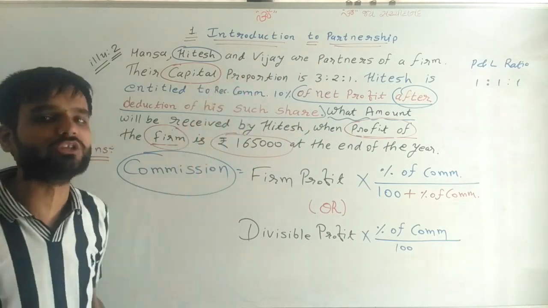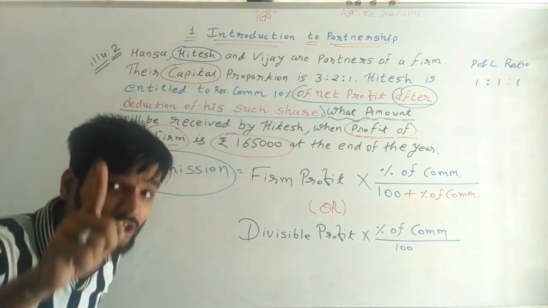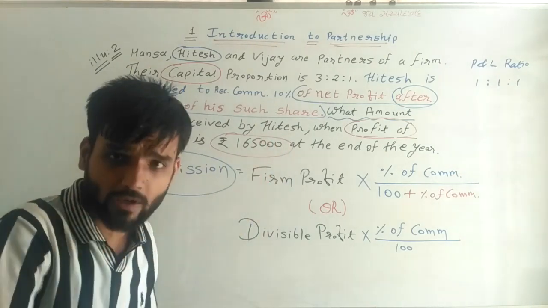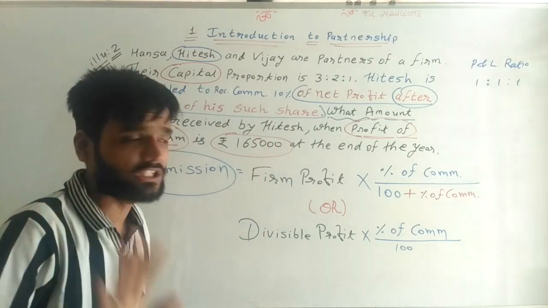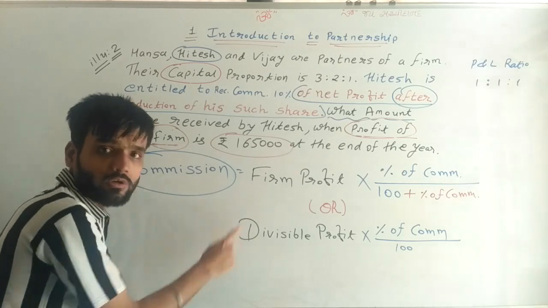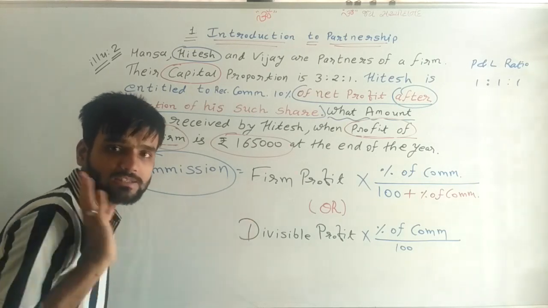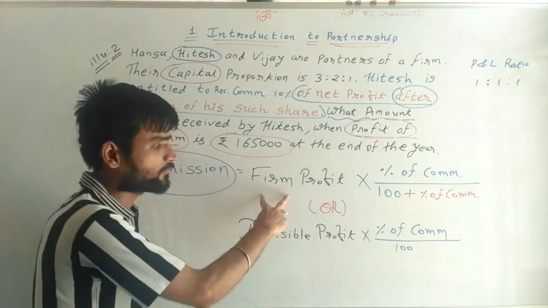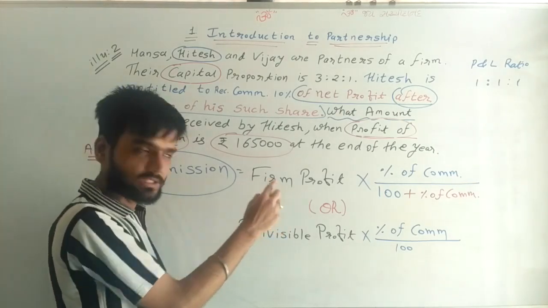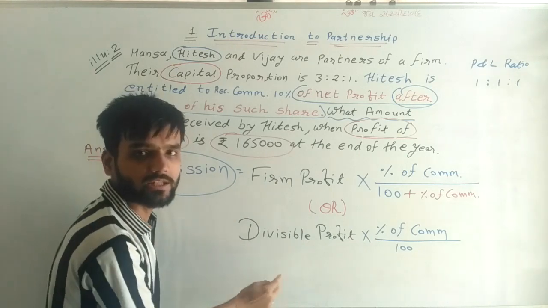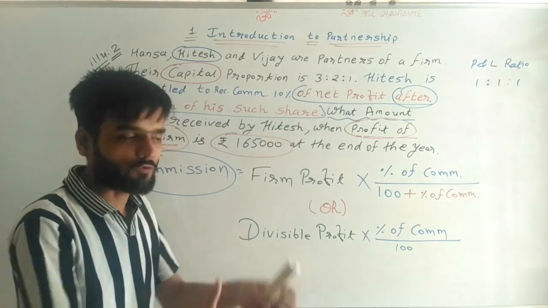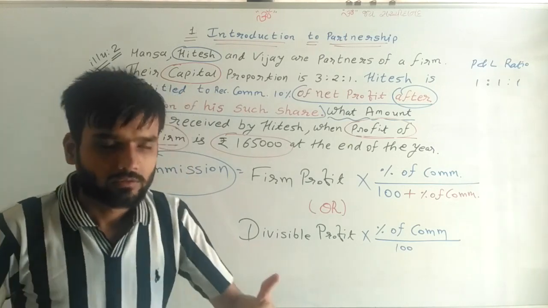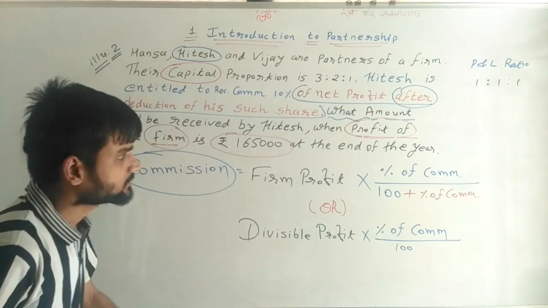If that statement is given in your question, then and only then use one of these two formulas, on the basis of the information given. If firm profit is given, use this one. If divisible profit is given, use this one. The meaning of firm profit and divisible profit we are clearing today within minutes.